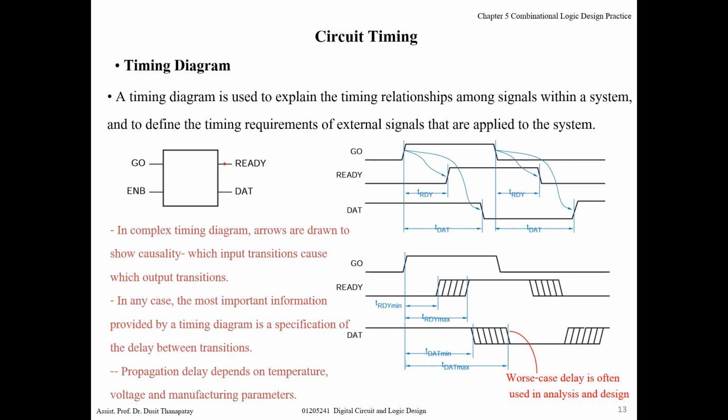For example, when input go goes from 0 to high, go is active high, right? So when go is active, actually go is something like an enable. When go is active, it makes ready change from low to high.